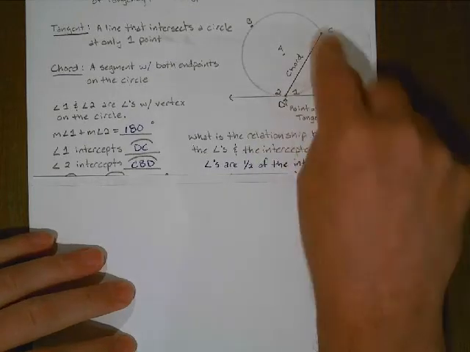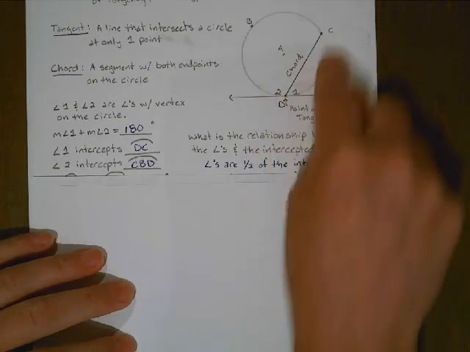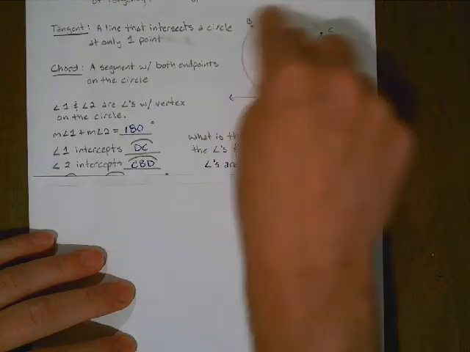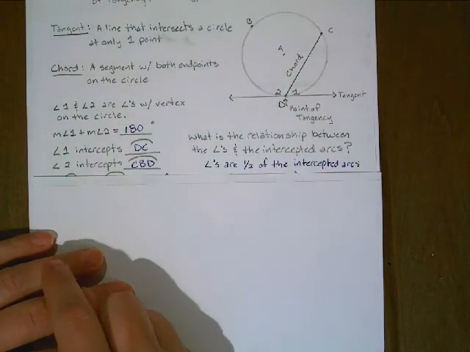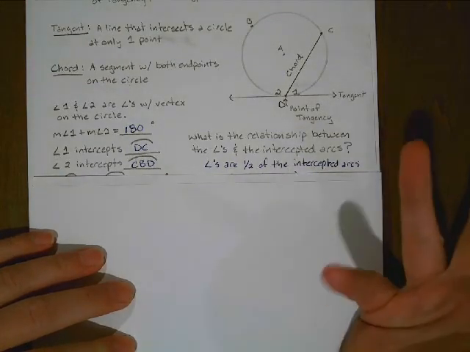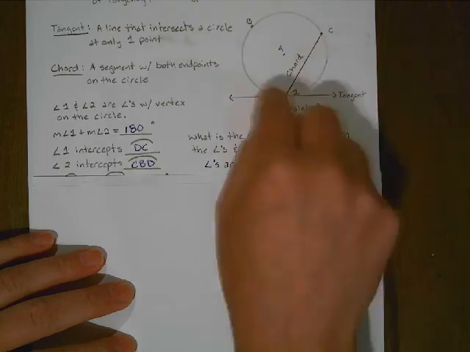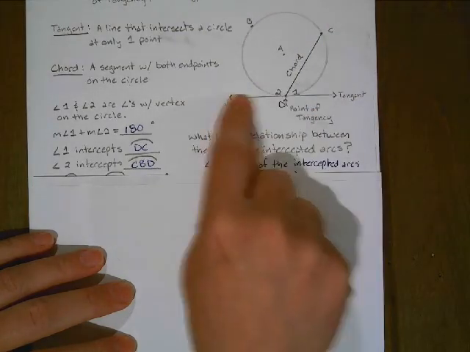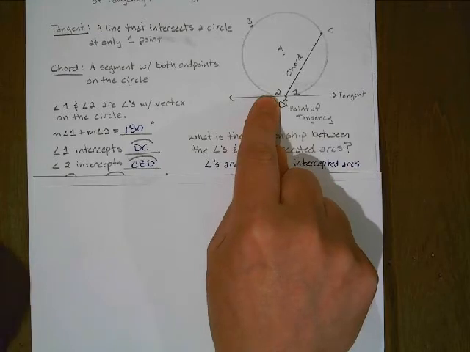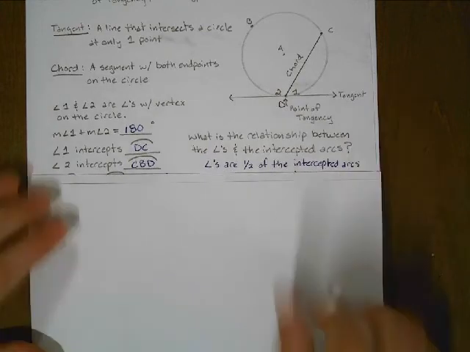Now look, this arc out here, DC, and this arc here, DBC, those make up the entire circle. And how many degrees does a circle have? 360. So this is 360 degrees. And then we already said angle 1 and angle 2 are 180 degrees. What's the relationship then? Well, it has to be half, meaning it's inscribed.